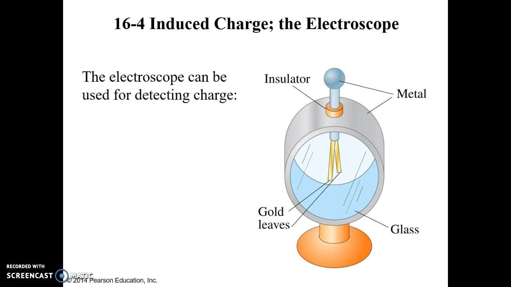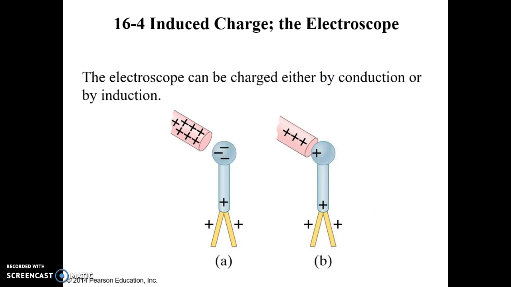Now, an electroscope is a device that can be used for detecting charges. Inside a case are two movable metal leaves, often made of gold foil, connected to a metal knob on the outside. If a positively charged object is brought close to the knob, a separation of charge is induced.